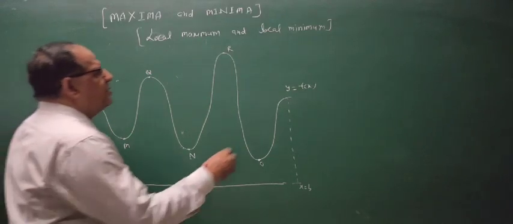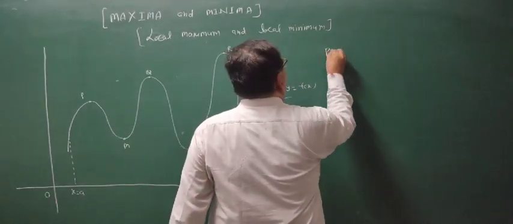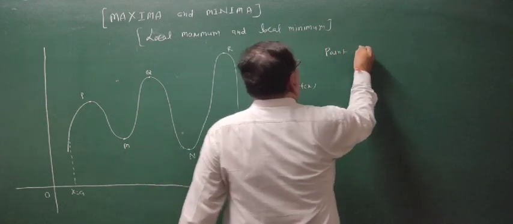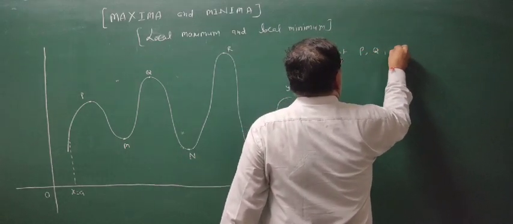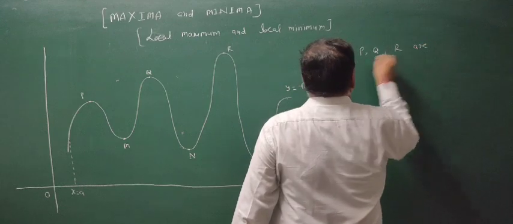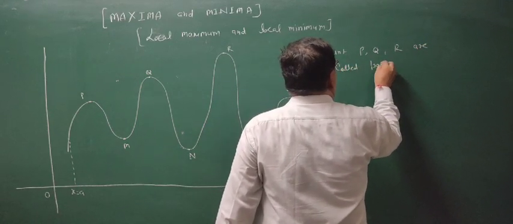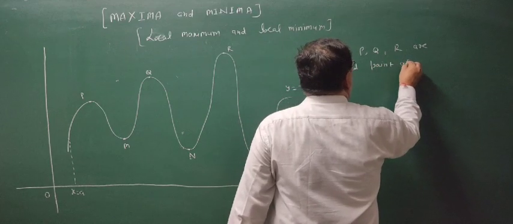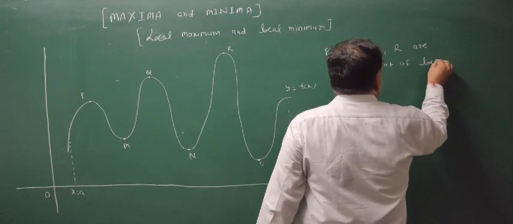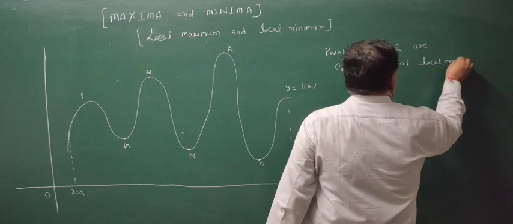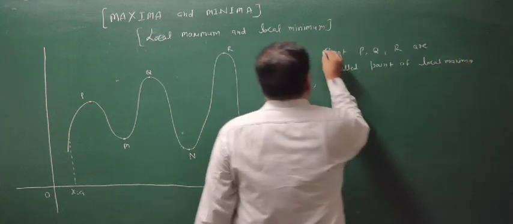So points P, Q, R are called points of local maximum, local maxima.